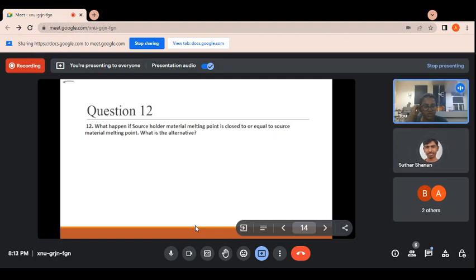Actually, what was discussed in the lecture video, when we go for the positive or negative photoresist, SU8 is also a negative photoresist, but the main difference which is discussed in the lecture video is that for the positive and negative photoresist we use this process: we go for the soft bake, then we go for the UV expose, and after the UV expose we go for the development, and then the hard bake process is done.